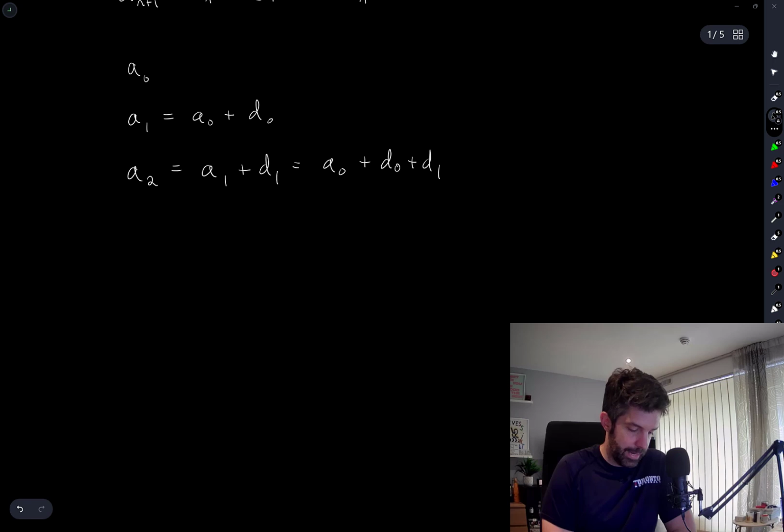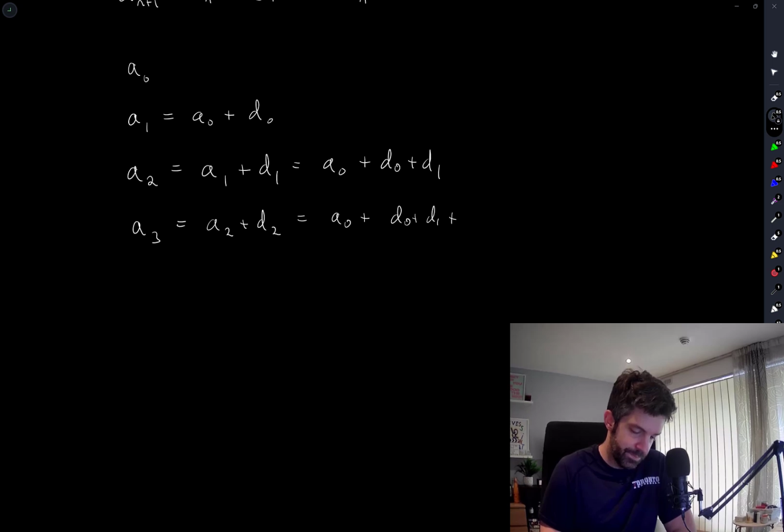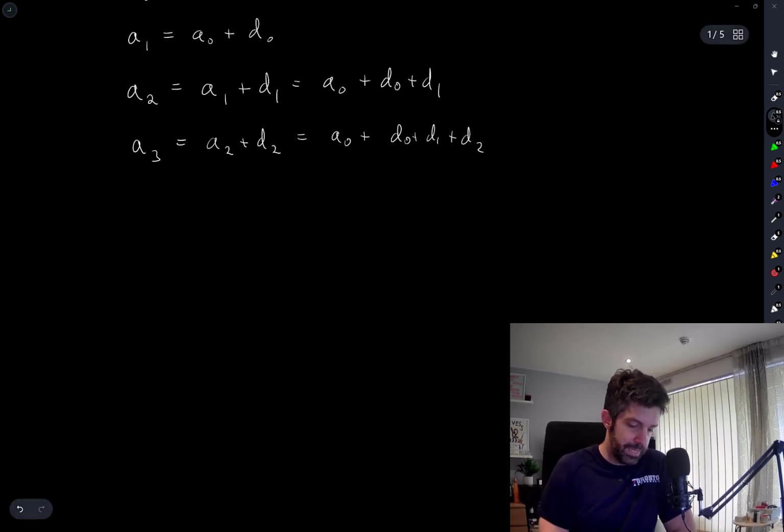Okay, and if we continue this, it's pretty easy to see that in general, a_{n+1} is equal to a0 plus the sum of d_k, so k goes from 0 to n.